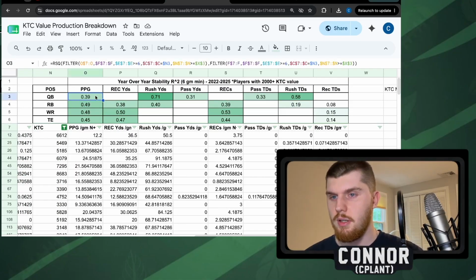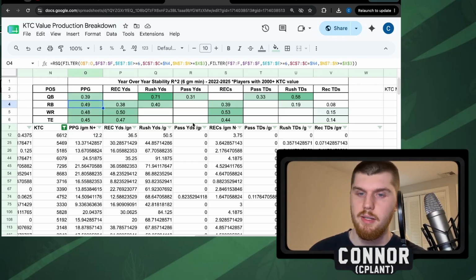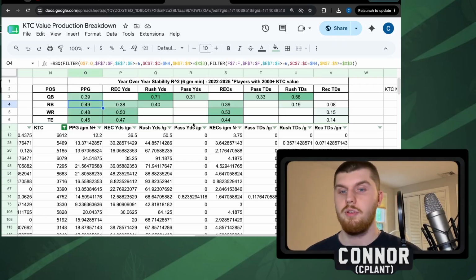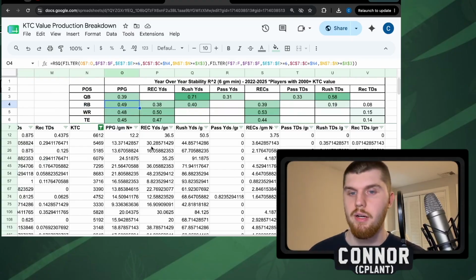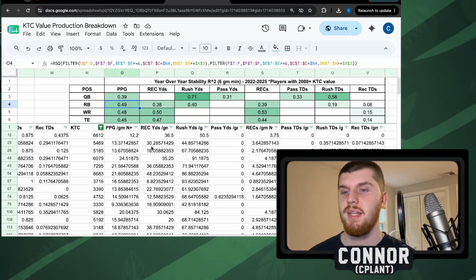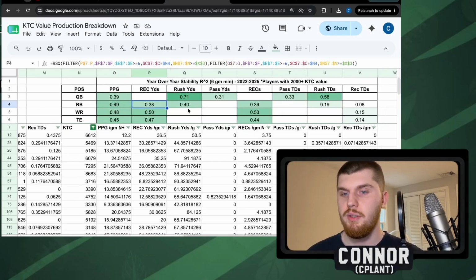These are R squared values between the stat and the next year. Now I filtered this to players that had 2,000 plus in KTC value in the year prior, and players that had 6 or more games, just to ensure that I was getting players that are actually fantasy relevant. And we can just look at the R squared value of each stat.